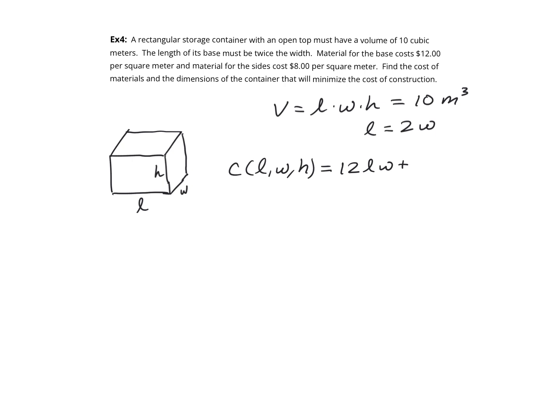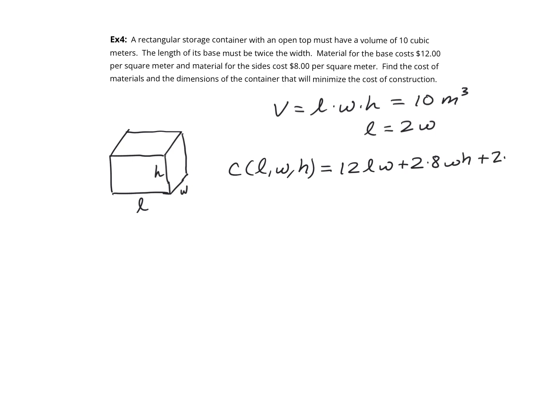And then for the others, we actually do have 2 sides for each one, front and back and side, left and right. So we're going to have a 2, and then we're going to have an 8, because that's the cost per square meter. And then we'll look at the left and right first. That's W times H. Then we'll do the front and back.